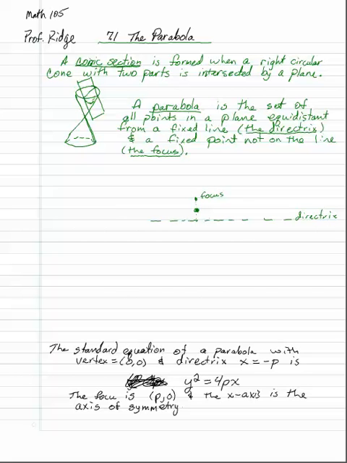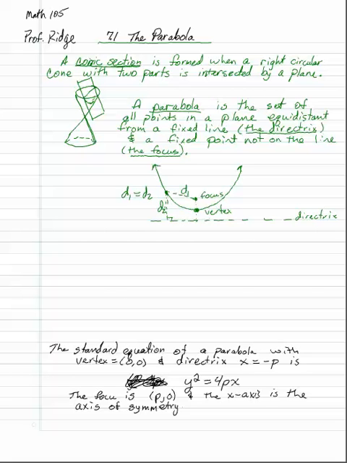So this point here is going to be the vertex, which we'll talk about a little bit. And then what you're going to get is something like this. I'm just freehanding it, so this may not be exactly right, but the idea is if I take this point here and measure that distance, and then the perpendicular distance to this line, by definition, B1 has to equal B2.